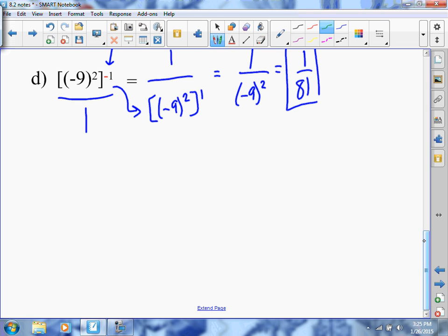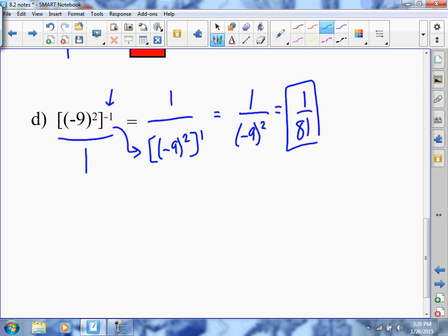The other way to think through that problem, let me rewrite it from the beginning, is to recognize that you have a power to a power. So you could multiply here first, and then you would get negative 9 to the negative 2.